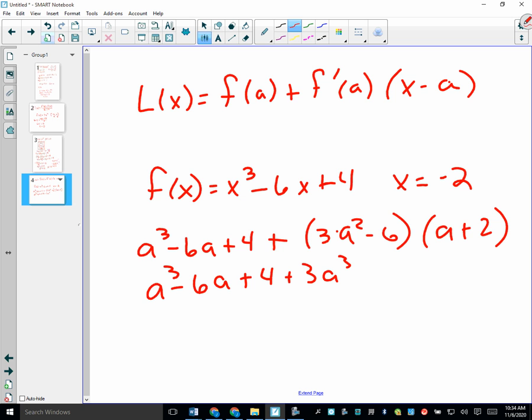X equals negative 2, and a equals x. A should also equal negative 2. I wasn't answering your question, I was agreeing with you. Can you answer my question? Why would it not be negative 2 minus a?